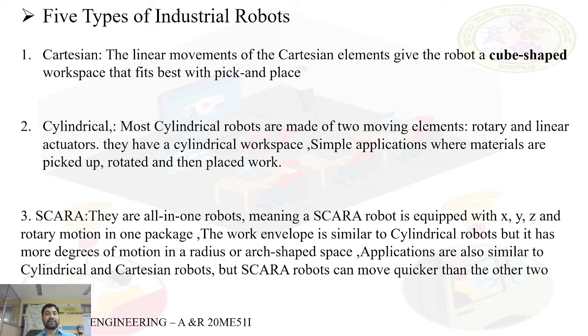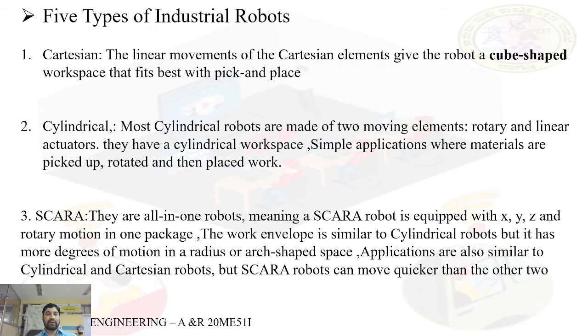The work environment is similar to the cylindrical, because cylindrical is also a combination of custom and rotary movement. So the SCARA's workspace is also similar to this cylindrical robot.